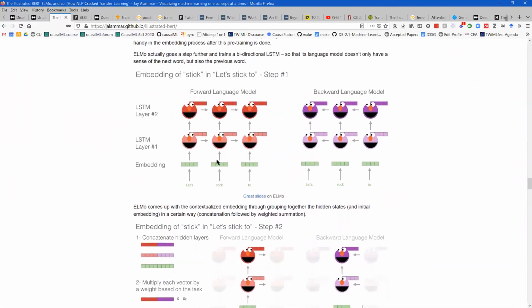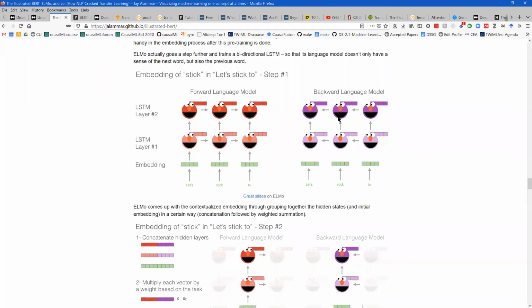I believe the task is just language model, predict the next word. And the hidden state is like a proxy for the embedding. So if you want to get the embedding of the word stick, you would just take the hidden state of the word stick from the forward language model and the backward language model, and then you just append them. I believe that's how ELMo works.